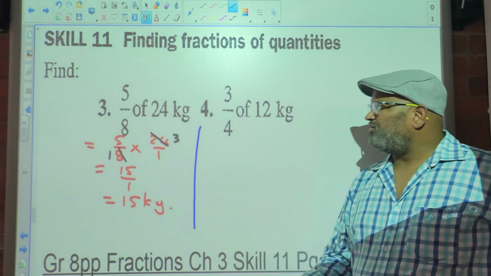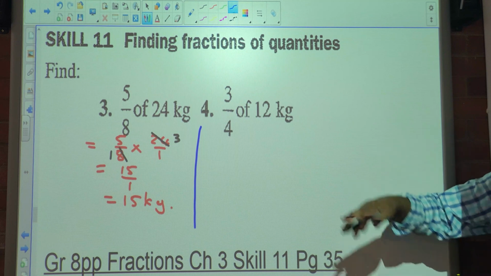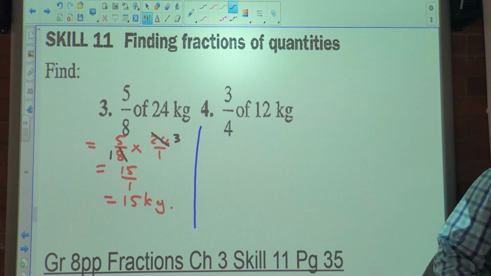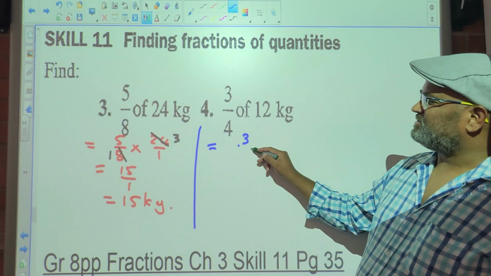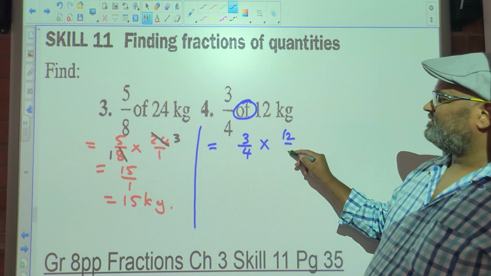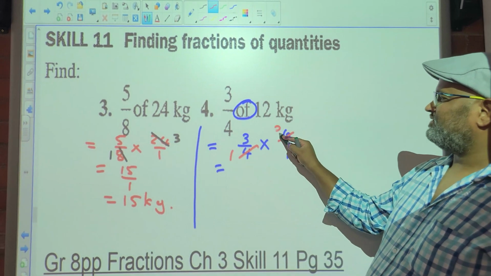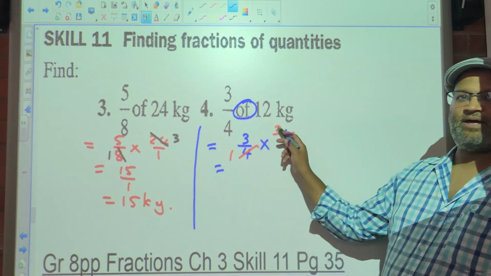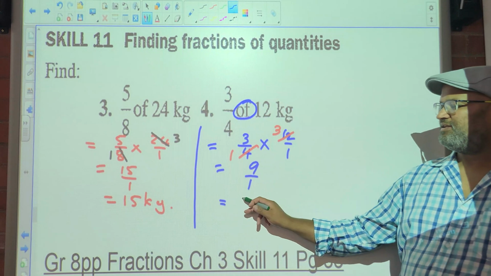Number 4 is 3/4 of 12. I know some of you can just say it's 9, no? But not everybody is as sharp as you, so we say 3 over 4, of is multiplication, 12 over 1. So 4 going into 4 once, 4 going into 12, 3 times. 3 multiplied by 3 is 9 over 1, which is 9.